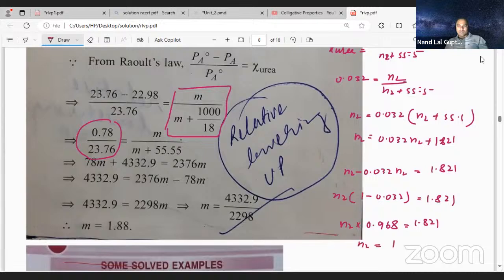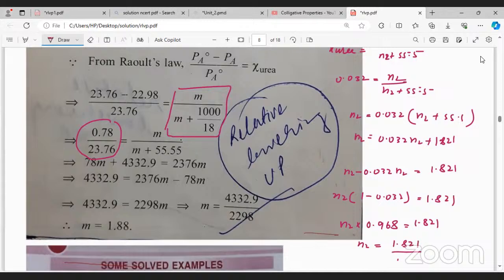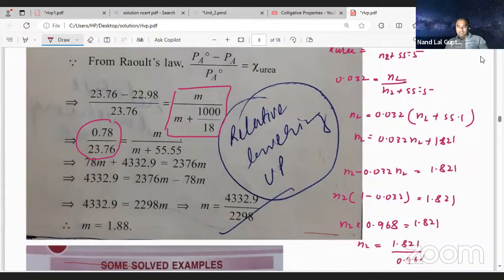So N2 is equal to 1.821 divided by 0.968. 1.88 molar. 1.88 mole per kg solvent is there. So see, this same answer is coming.